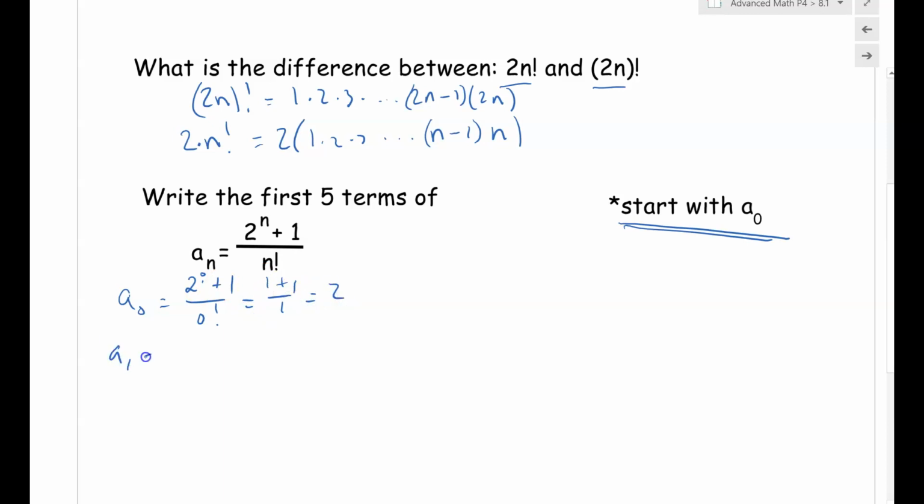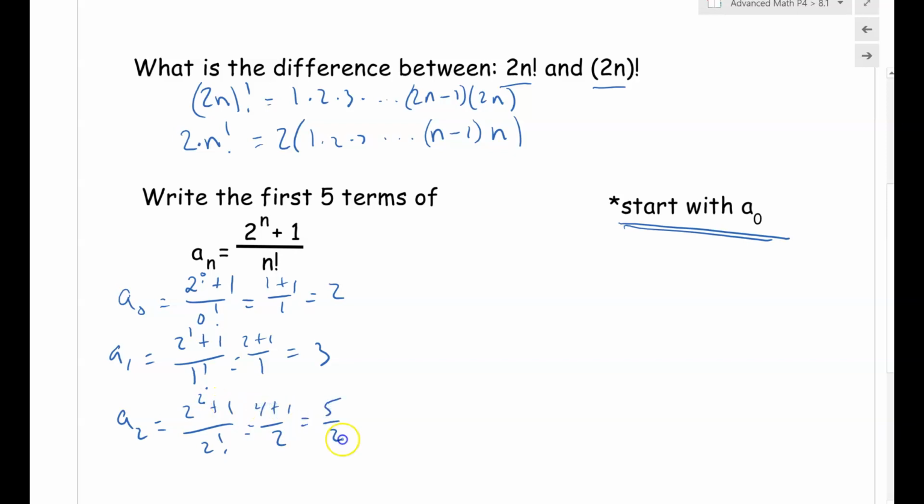All right, and then you plug in 1. You're going to get 2 to the 1 plus 1 over 1 factorial. Well, 1 factorial is 1. This is, of course, 2 plus 1. So that's 3. Next, second term. 2 to the second plus 1 over 2 factorial. What do we get there? So on the bottom, we're going to get 2. And on the top, we're going to get 2 squared plus 1, or 4 plus 1.